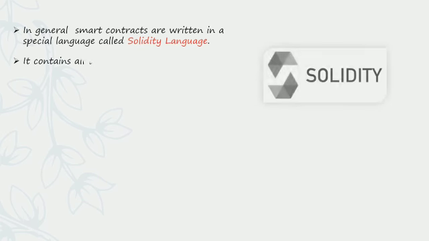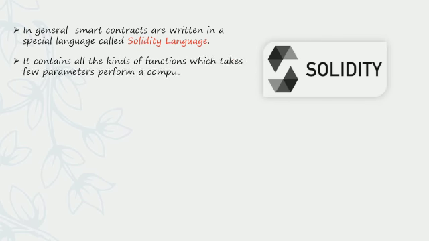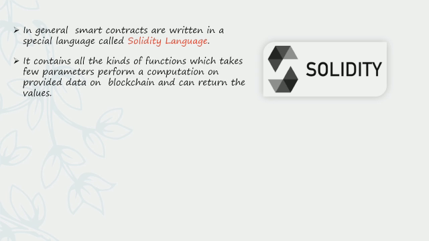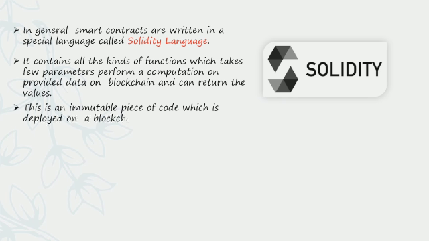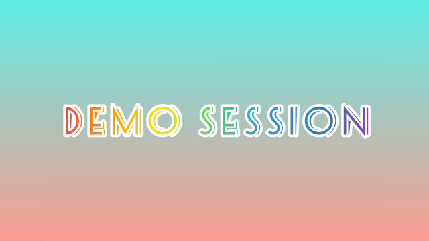In general, smart contracts are written in a special language called Solidity. It contains functions which take a few parameters, perform computation on provided data on a blockchain, and can return values. This is an immutable piece of code which is deployed on a blockchain network and cannot be changed anymore.